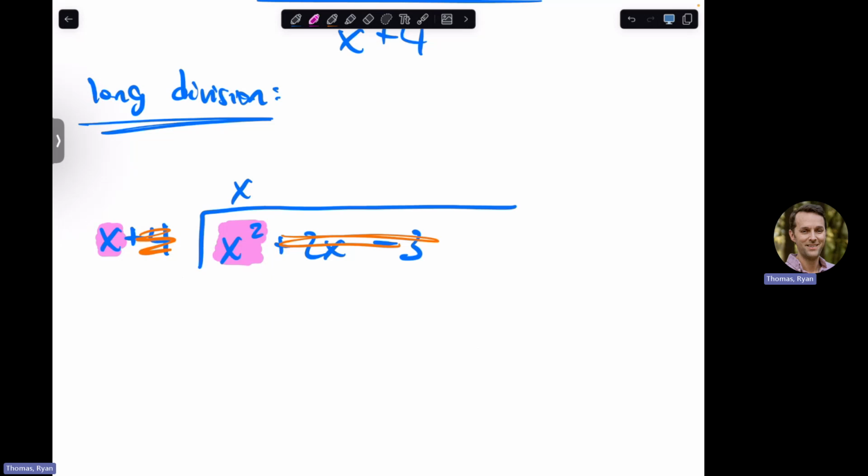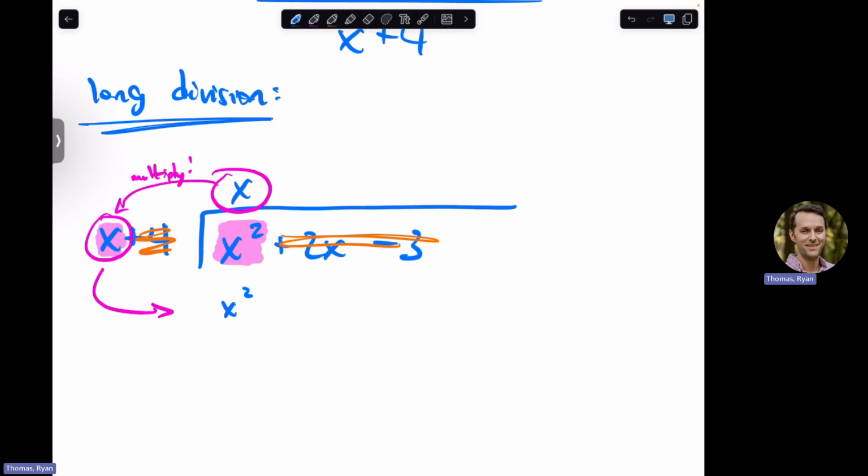So once we've got that first part, how many whole times this would go in, I'm going to take this and multiply by that, which is x squared, and carry it down.